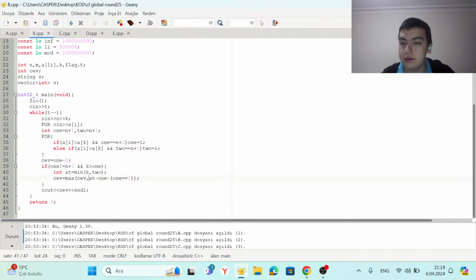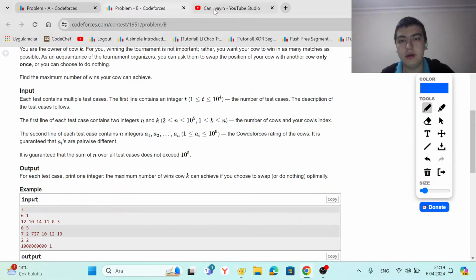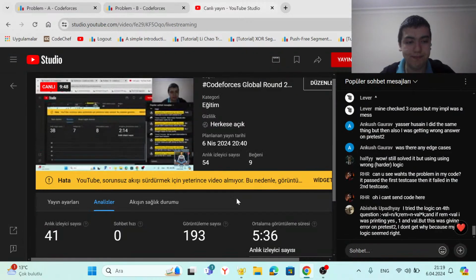So this equation will be our answer when we swap the cow in the l1th index and the kth index. When we maximize these answers, we can output it and we will solve the problem.